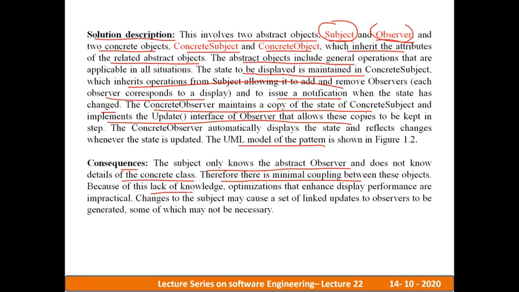Because of this lack of knowledge, optimizations that enhance display performance are impractical. Changes to the subject may cause a set of linked updates to observers to be generated, some of which may not be necessary.